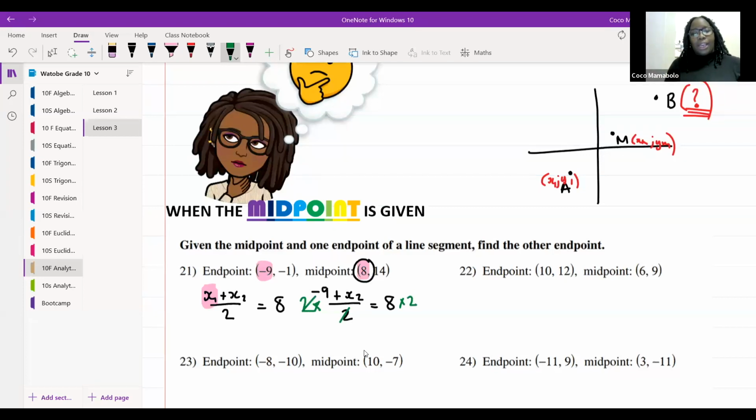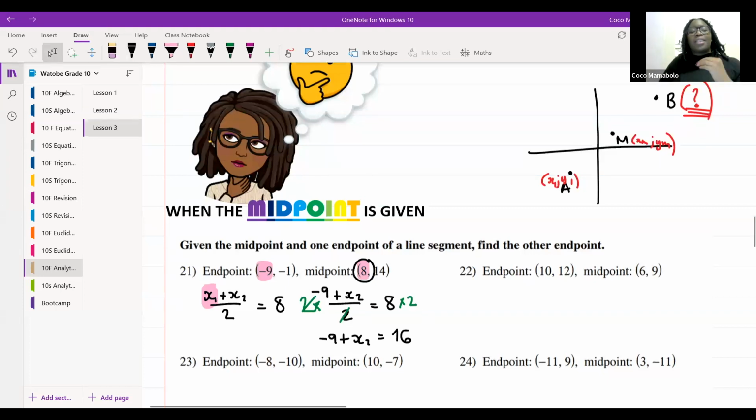So now I will have -9 plus x2 is equal to 8 times 2, which is 16. Do we know how to solve a linear equation? That's pretty easy. We just take the -9 over to the other side, and then it becomes +9. So x2 will be equal to 16 plus 9.